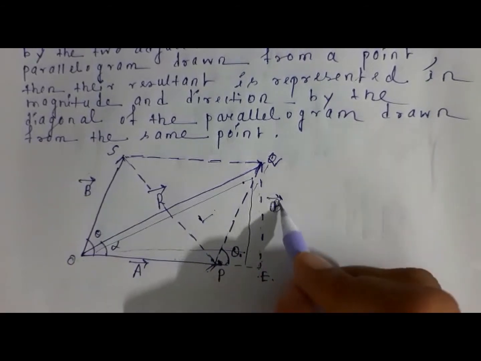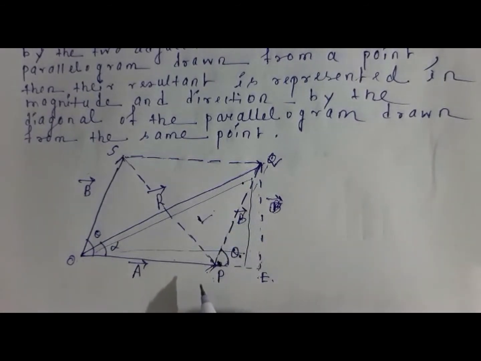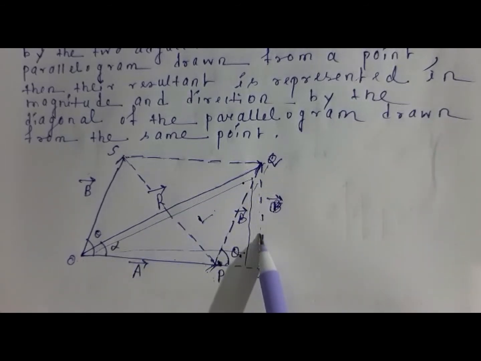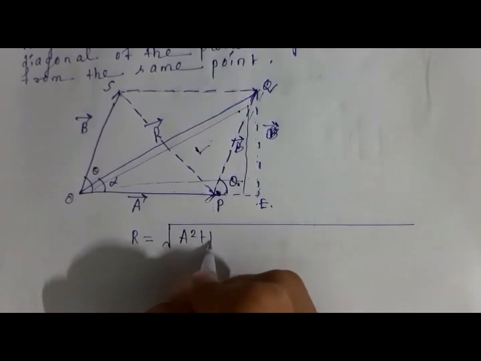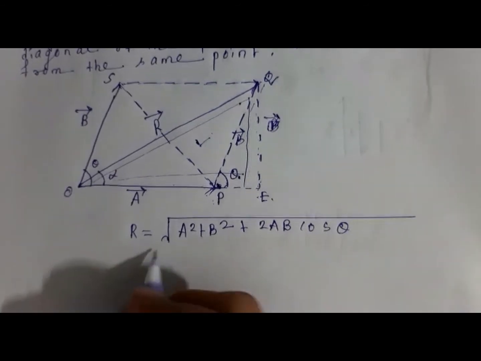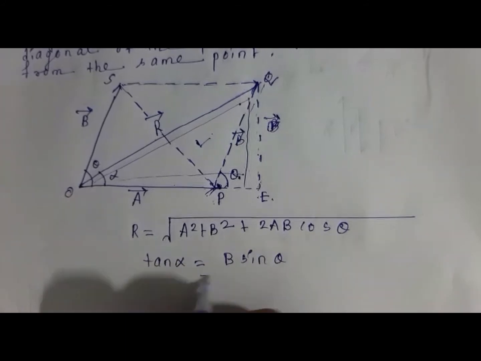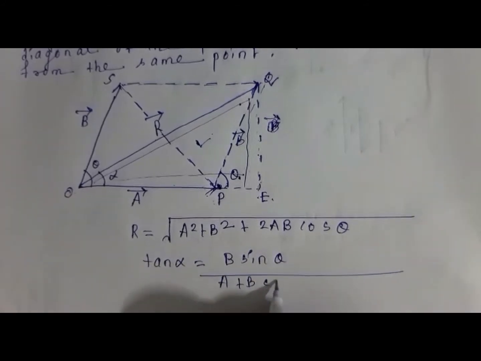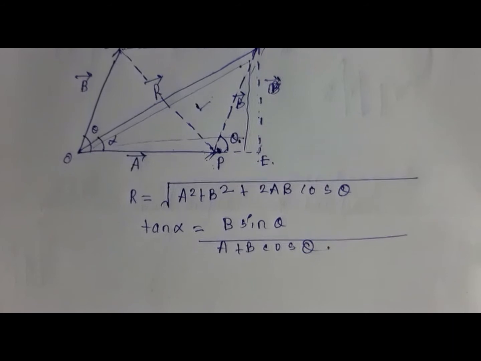So your R is going to be root over A square plus B square plus 2AB cos theta, and you can find your direction from this formula.